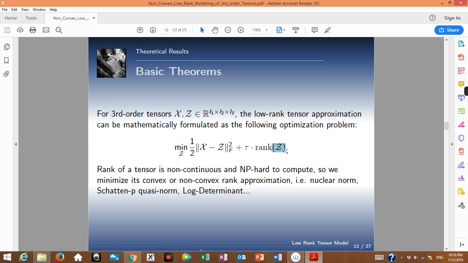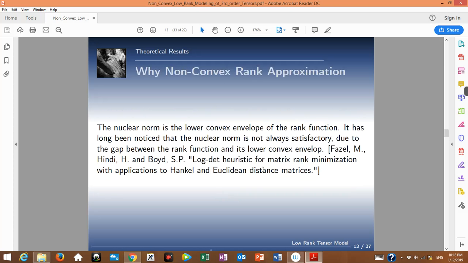So we need to introduce some function to approximate the rank of Z. The function can be convex or non-convex. Before, people used the nuclear norm to approximate the rank of Z. In our research, we try to use some non-convex rank approximations, like the Schatten-p quasi-norm or the log determinant. So why do we need to introduce those non-convex functions? The reason is that the nuclear norm is not always satisfactory.